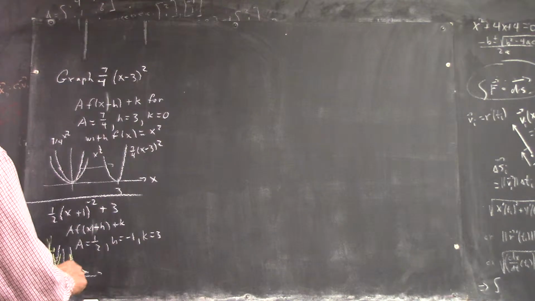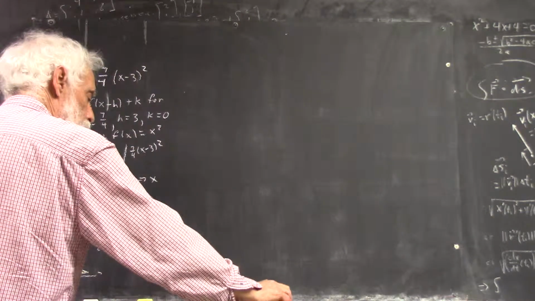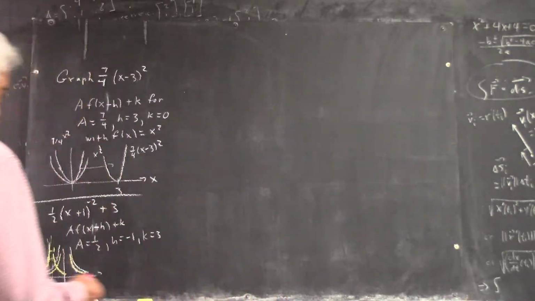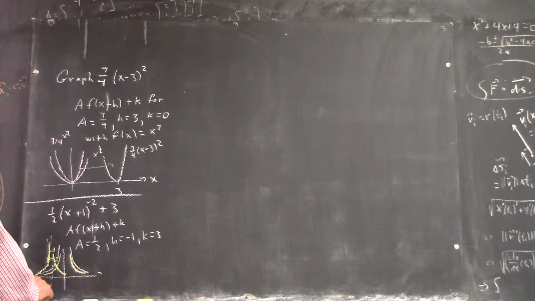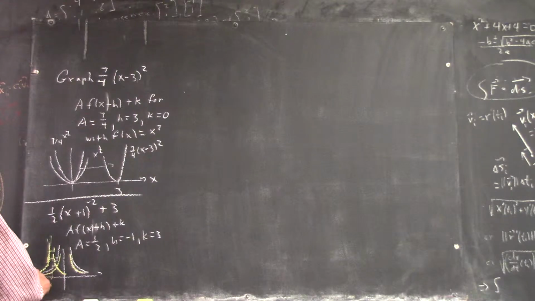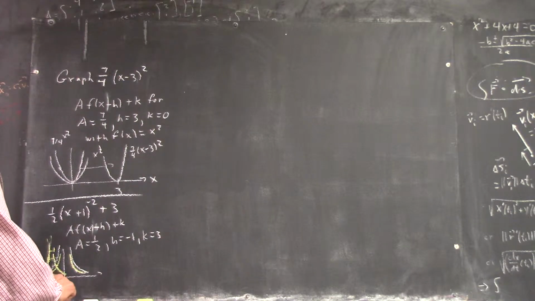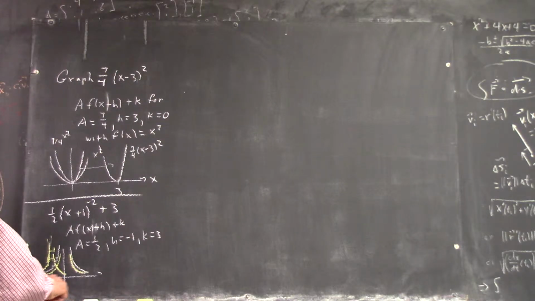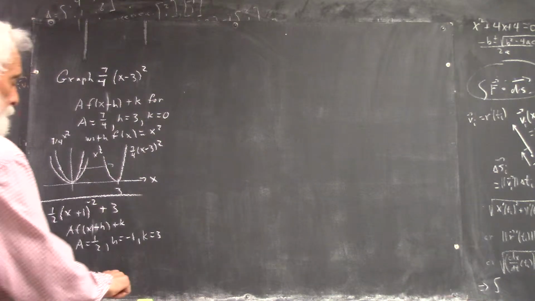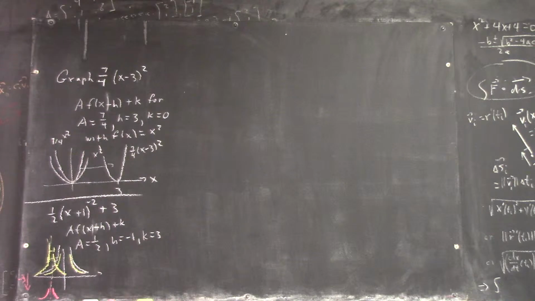I'm being a little sloppy here, but I'm just doing something that you hopefully know how to do. Then you lower 3 units. And your asymptote stays the same, but now it's down here somewhere. You should be familiar with that and be able to identify it when you see it.